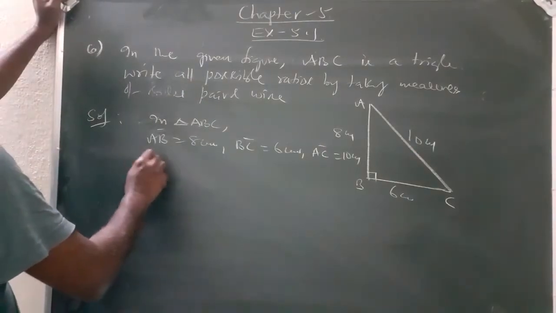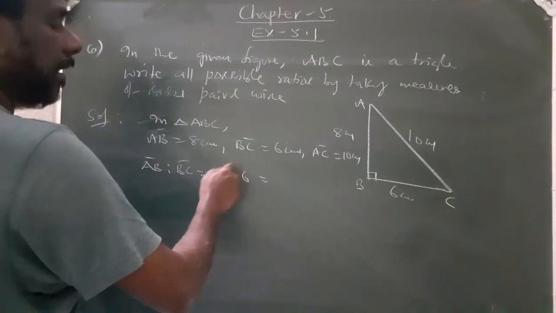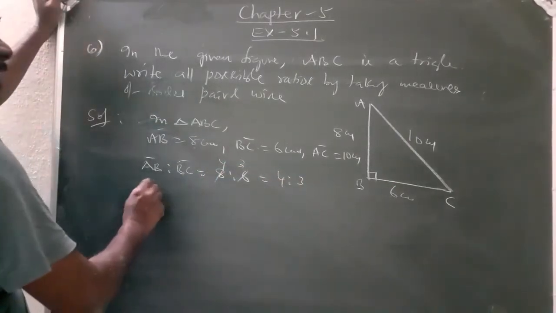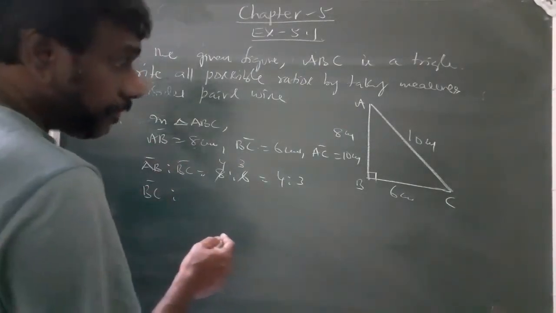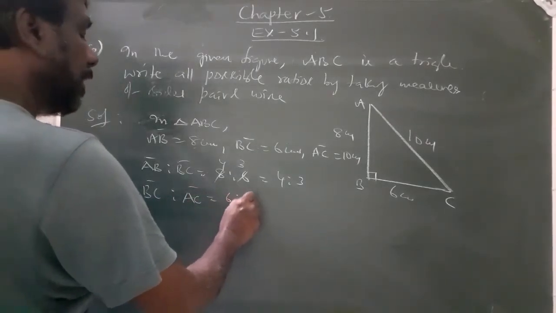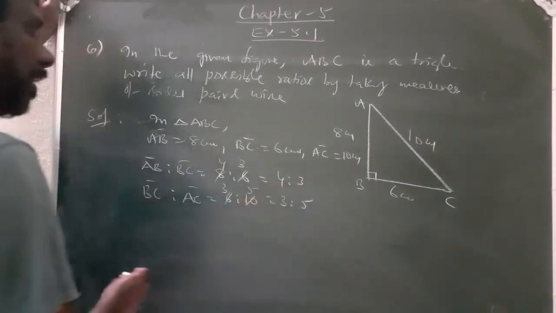First you can take the ratio AB is to BC, that is 8 is to 6, 2 table will go, no, 4 is to 3. Next BC is to AC, that is 6 is to 10, 2 table will go, 3 is to 5.